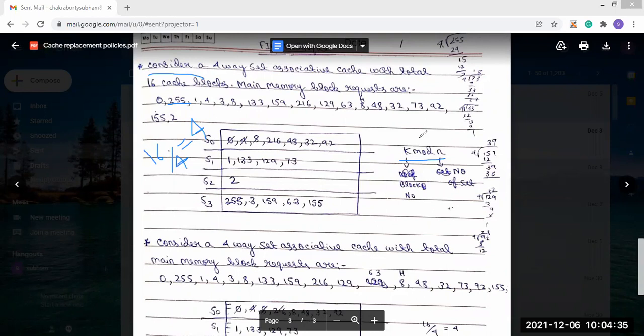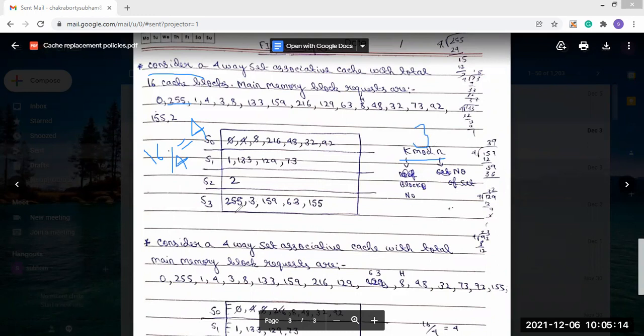If we divide 255 by 4, 4 sixes are 24 and 15 remains. Dividing 15 by 4, 4 threes are 12, so 3 is the remainder.